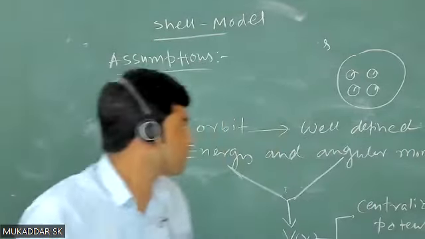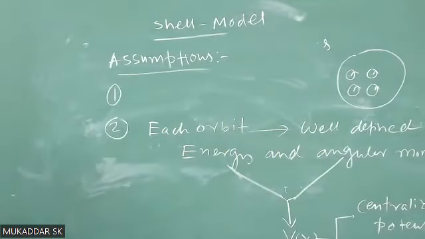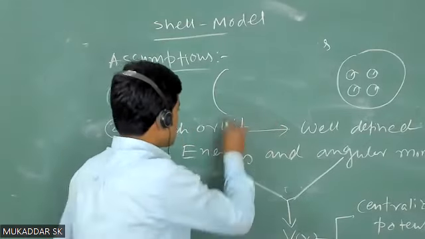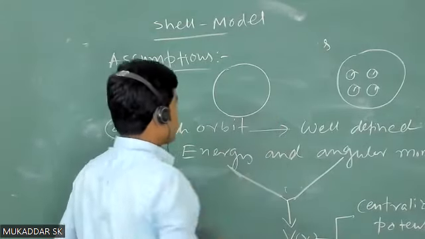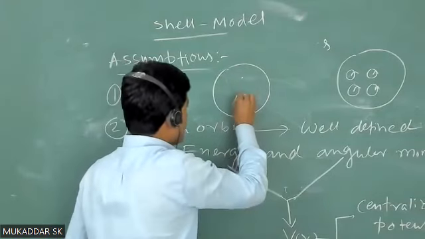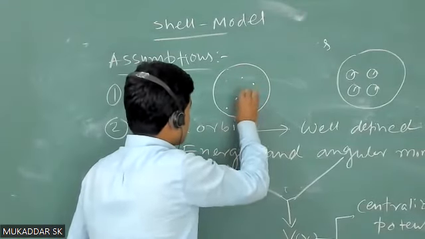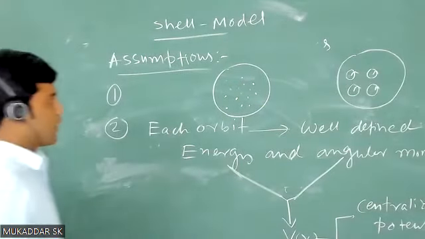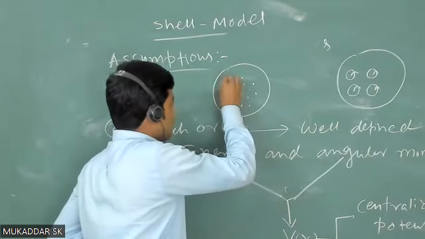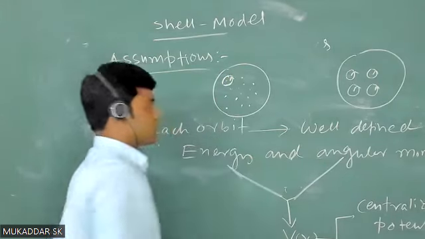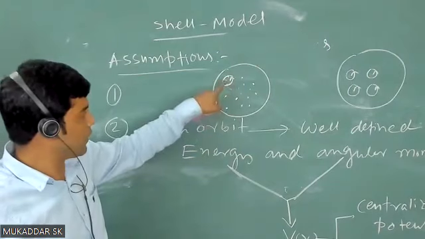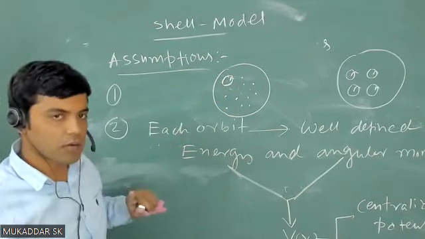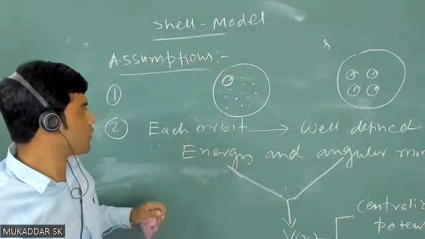But what is centralized potential? That is the question, and that is the interesting thing. Suppose you have a nucleus, and suppose there are basically 20 nucleons. If you take one nucleon, suppose this nucleon is having orbital motion. So you have 20 nucleons, and I'm specifying one nucleon, which is having orbital motion.